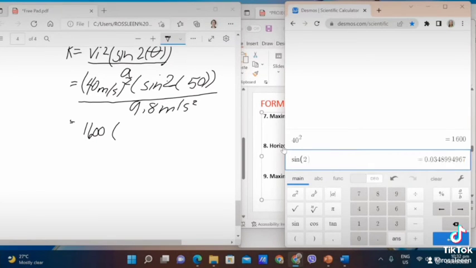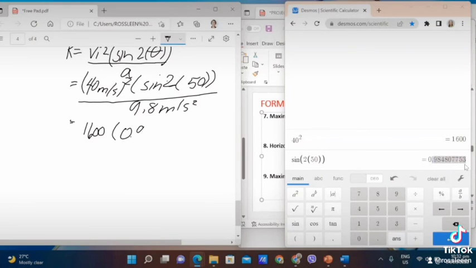The square of 40 is 1,600. Like this equation, I did not write all the data at once, but I had to execute it one by one.